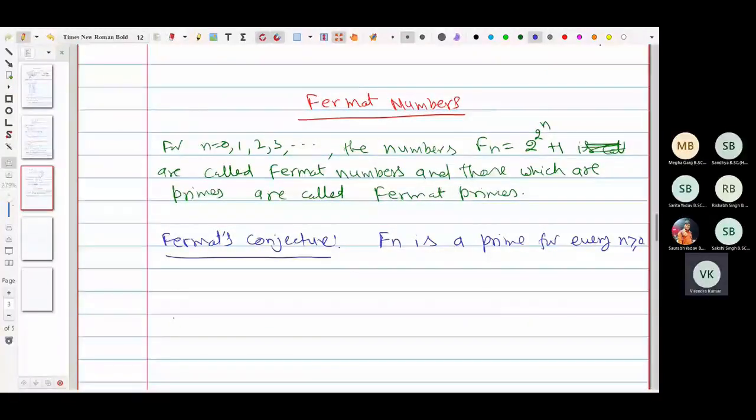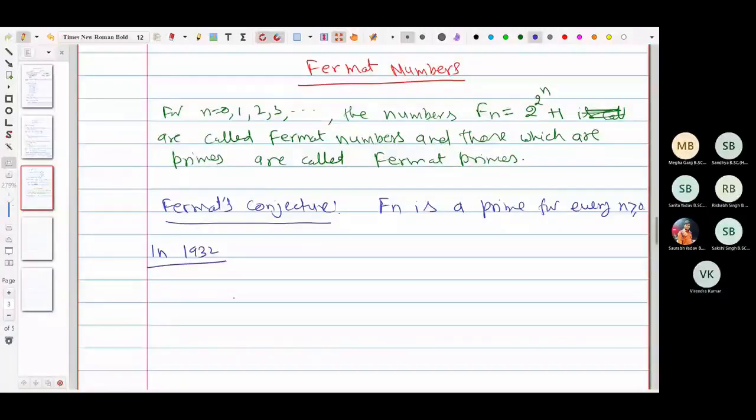This was not proved, but in 1932 it was Euler. The pronunciation of this is Euler.